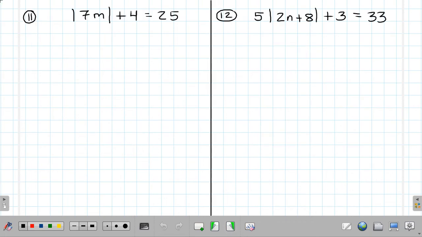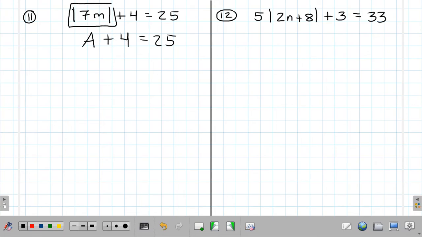But anyways, number 11, same kind of thing, except you notice you've got 7m inside the absolute value, but then the plus 4 is on the outside. So what I've done in class and in previous videos is think of this absolute value as its own thing. So you can say a plus 4 is equal to 25. Now we need to isolate this.